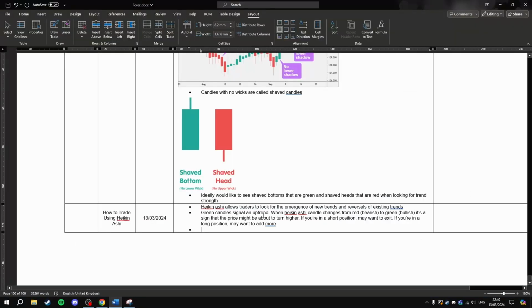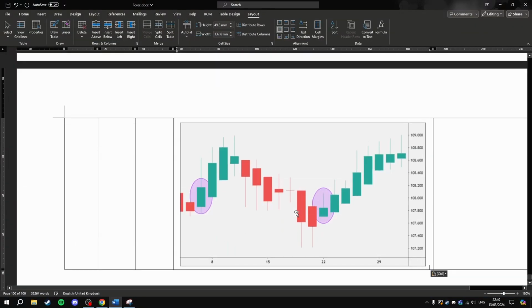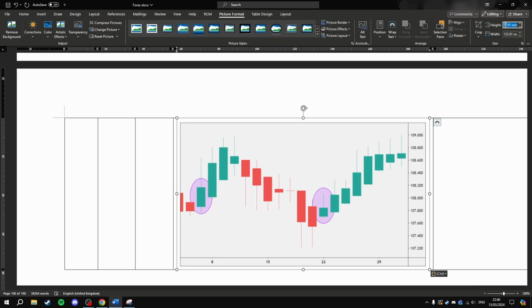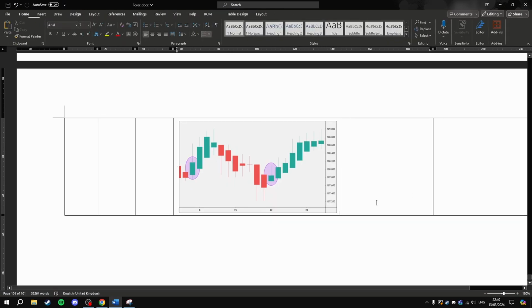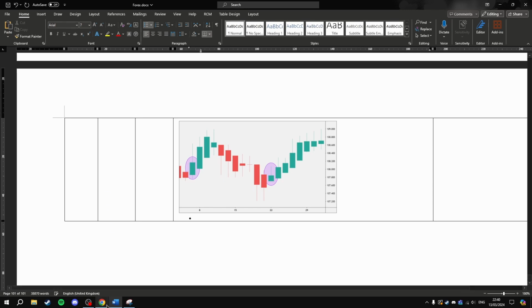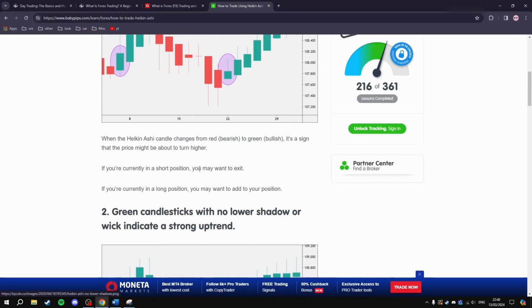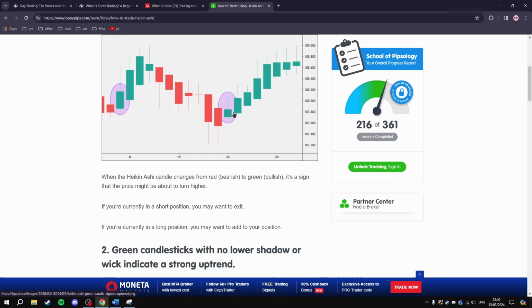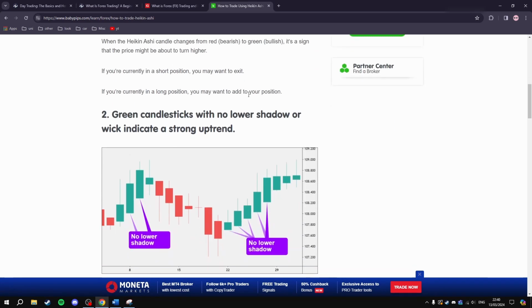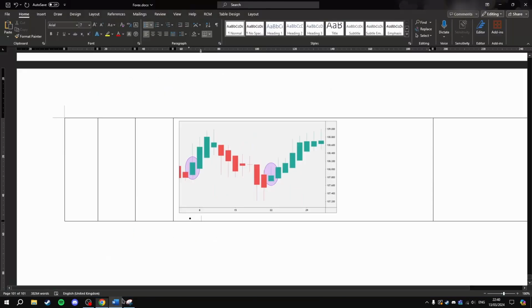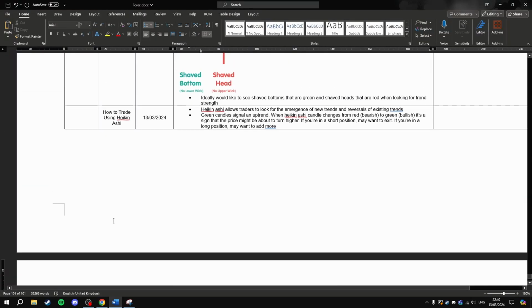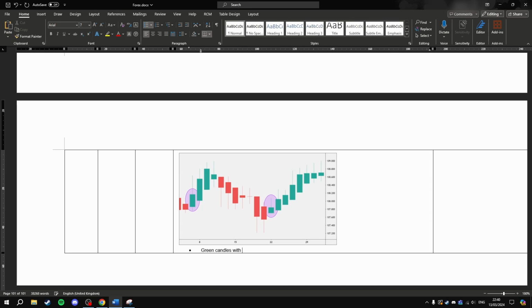Green candles with no lower wick signal a strong uptrend.